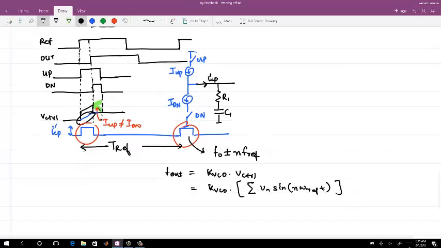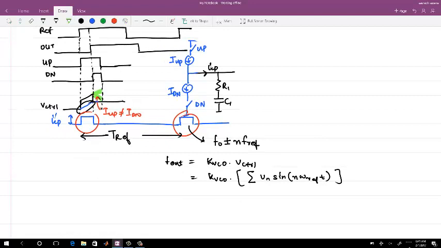This is not the exact mathematical calculation, because this is not a proper 50% duty cycle square wave. You can always find the coefficients. The only thing I am trying to show is that your V control is modulated with the current pulses every reference period, and that V control will get translated to the output frequency, and you will have these harmonics now.